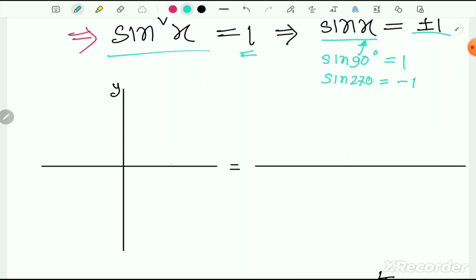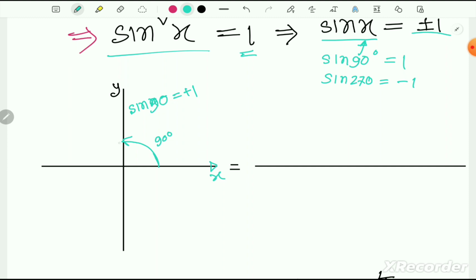So we can think of this as the x-axis of a Cartesian coordinate system. For 90 degree, this is the 90 degree angle, we get sine 90 degree equal to positive 1.